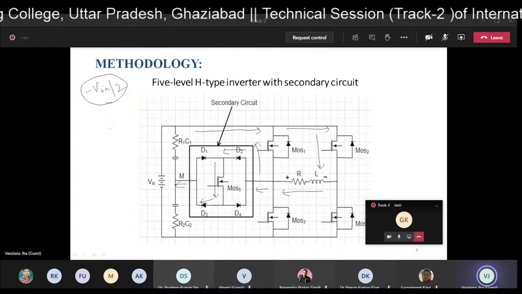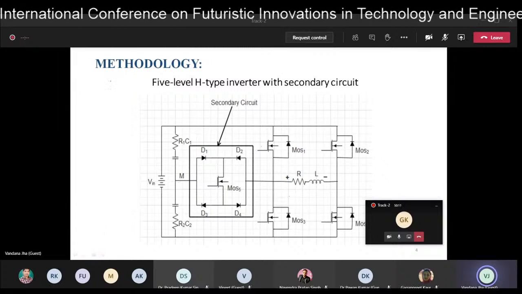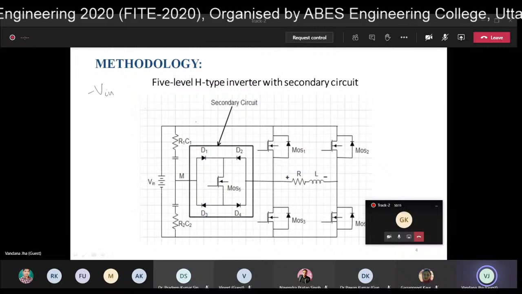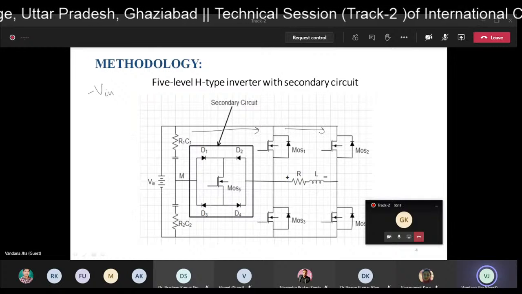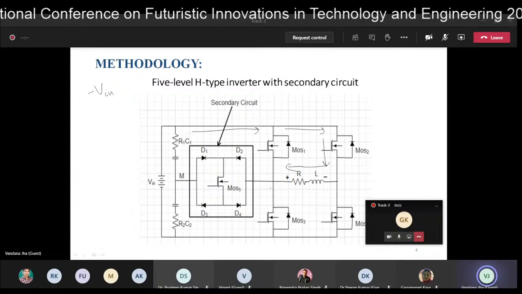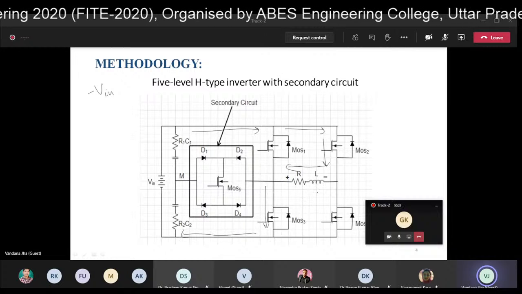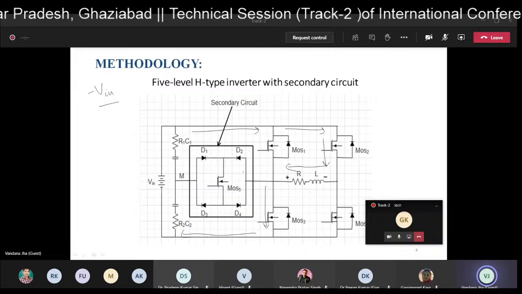And for the last mode of operation, we have minus V in, and the current flows in the direction shown, so across the load we get minus V in.